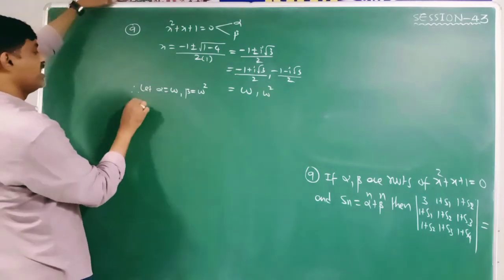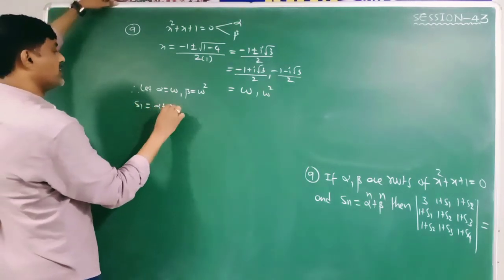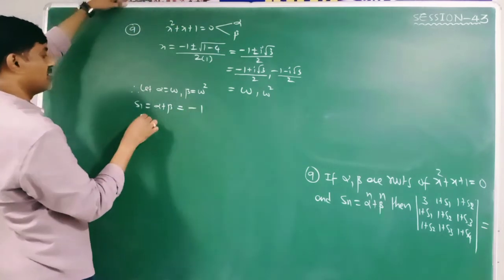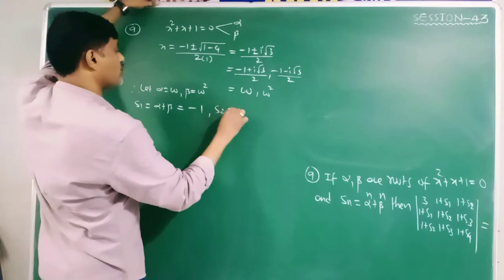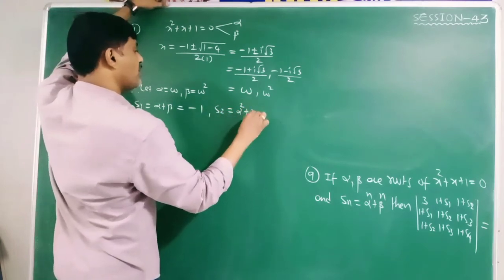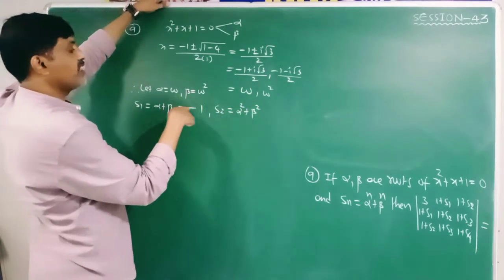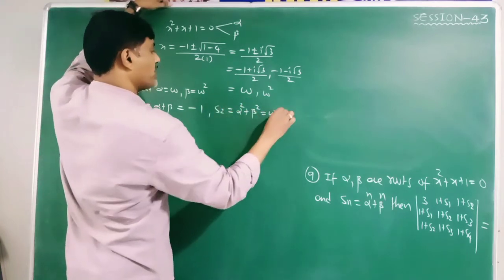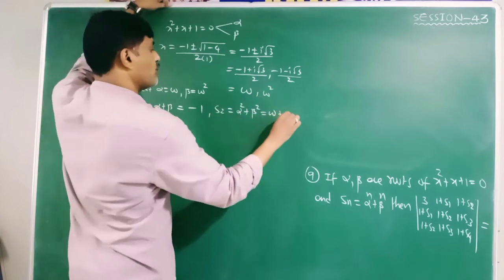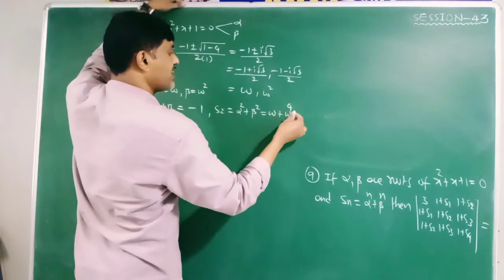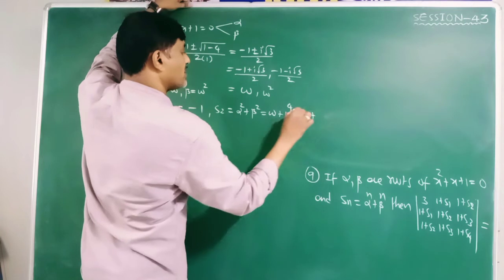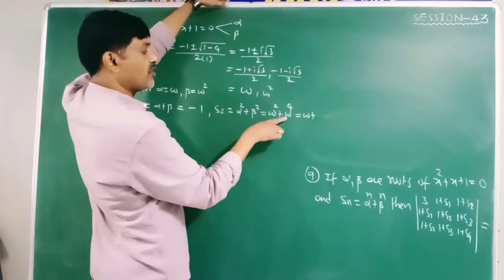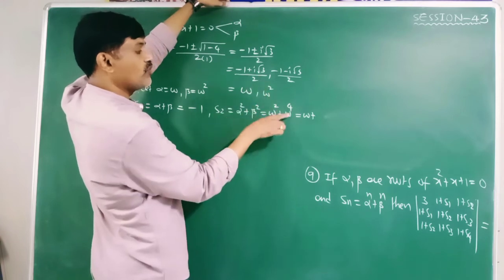What is S1 here? S1 is equal to alpha plus beta. You know very well alpha plus beta is equal to minus 1. Next we have to find S2. What is S2? Alpha square plus beta square. Alpha is omega, so alpha square is omega square, and beta square is omega power 4.